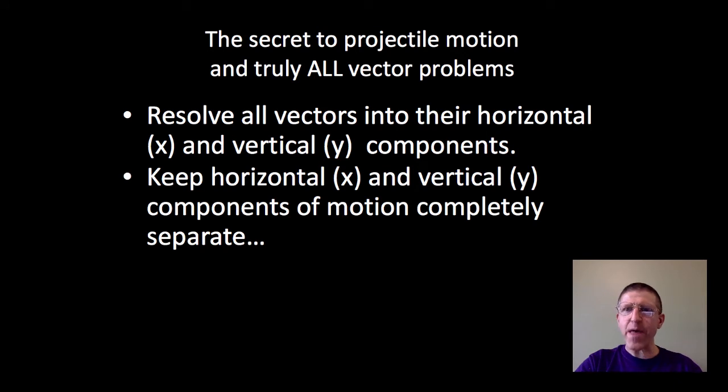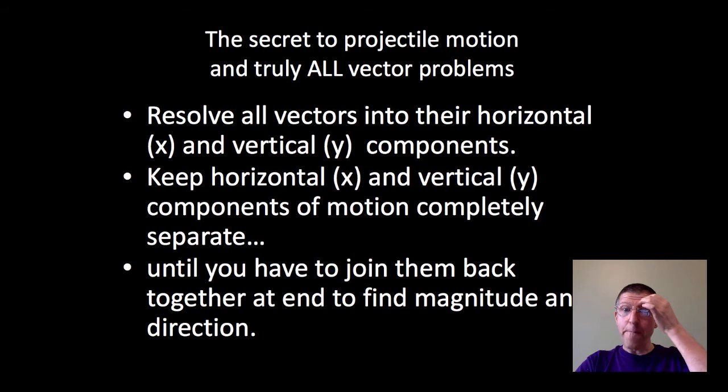And once you've separated them, keep them completely separate. Do not mix them ever. That is the most common mistake. You must keep them completely separate at all times until at the very last moment you can put them back together to find the magnitude and direction.